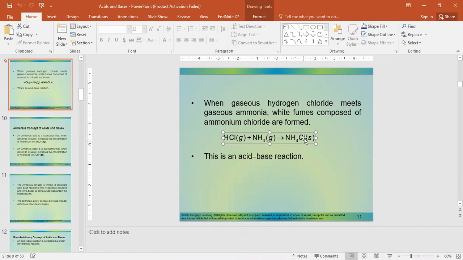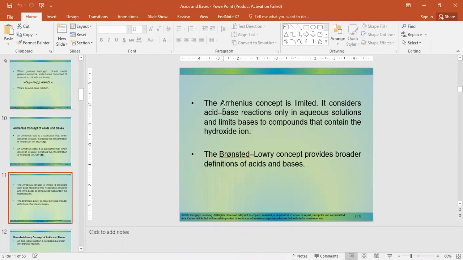So that one is not covered. That's why the Arrhenius concept is limited: it considers acid-base reactions only in aqueous solutions and limits bases to compounds that contain the hydroxide ion.